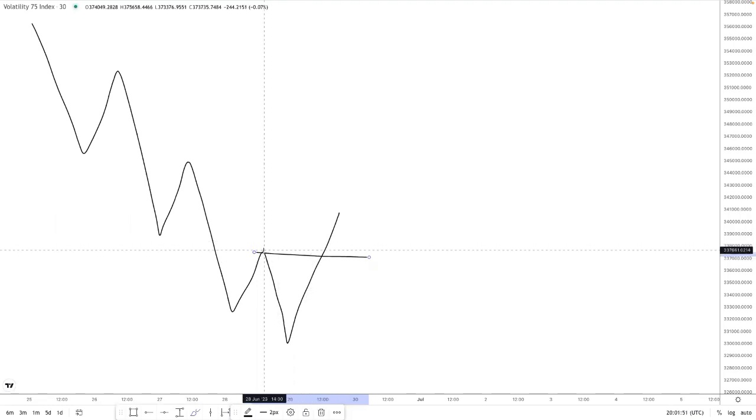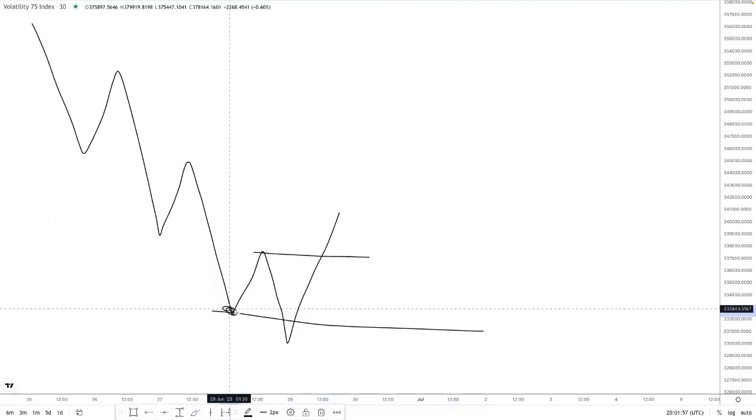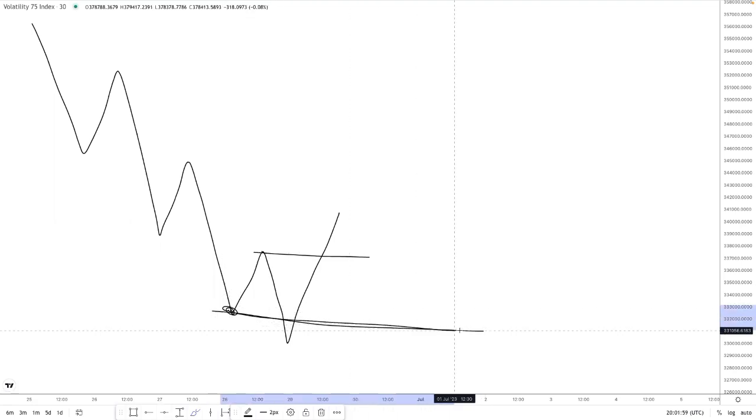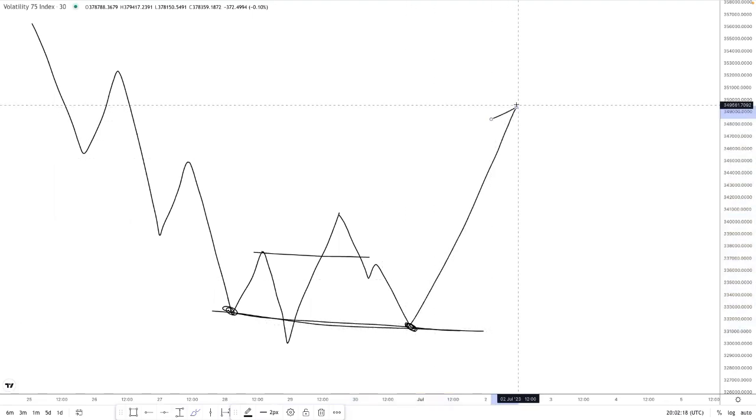So when price breaks structure, we will be expecting price to respect our invalidation point. Remember, our invalidation point is the second last structure. This is the last structure, and right here is our second last structure. So we will be expecting price to make some lows, respect our invalidation so that we can make more highs.